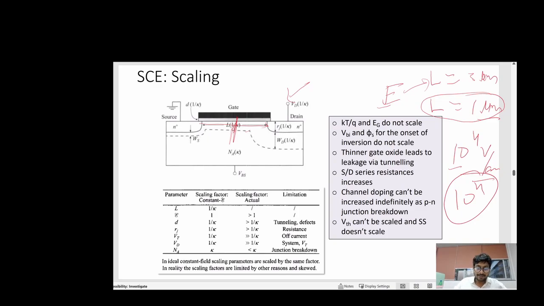Sir, am I audible, sir? Yes, you are audible. Sir, you say that your electric field will be V by distance, V by L. L is the channel length, yes. Sir, I cannot hear properly, if you can repeat one more time, sir, it will be better. Which one?